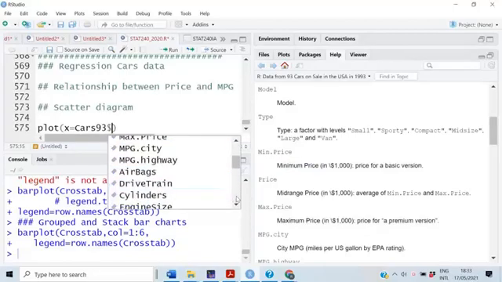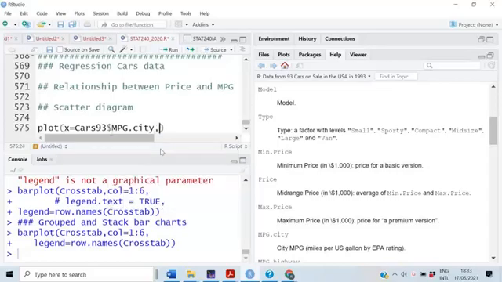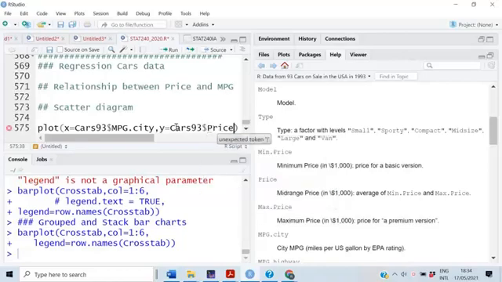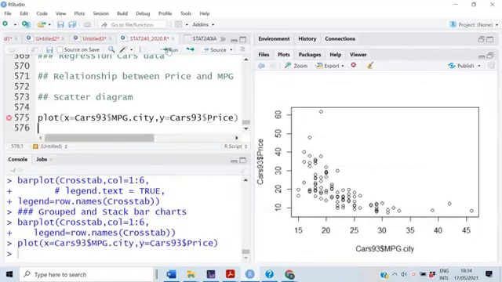There are two MPG columns, city driving and highway. Which one should we use? City, okay. And then our Y is Cars93 Price. Okay, so we do our plot and it looks like this.